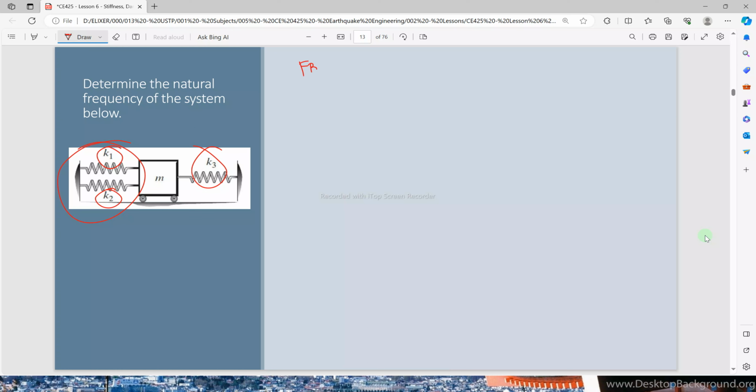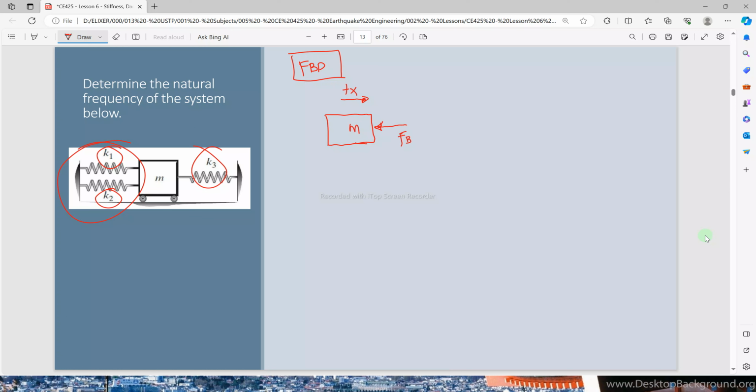If you draw the FBD, you will have your mass here, and let's say we move it to that side. That is our positive X. The spring force is always opposite in direction to the deflection or deformation.